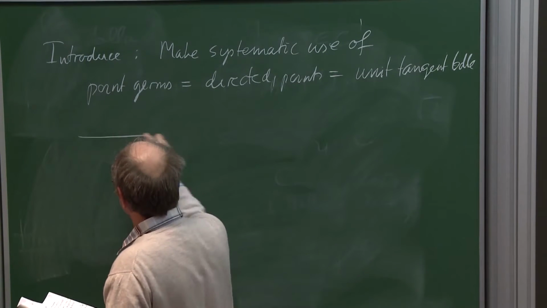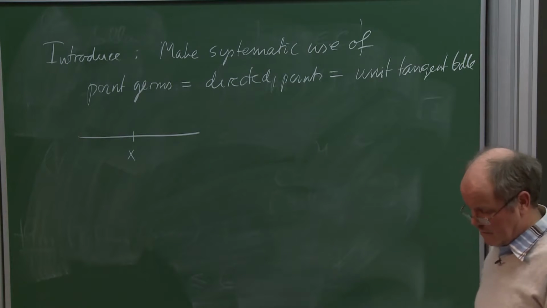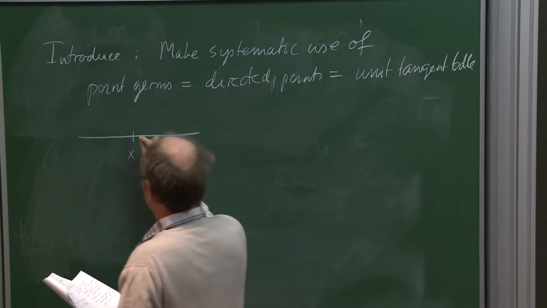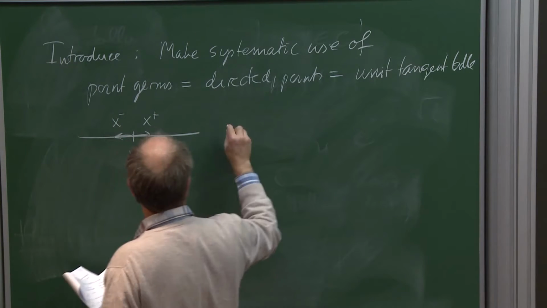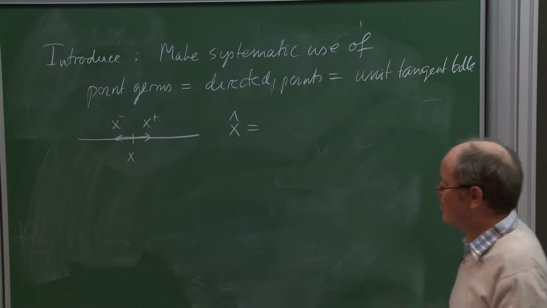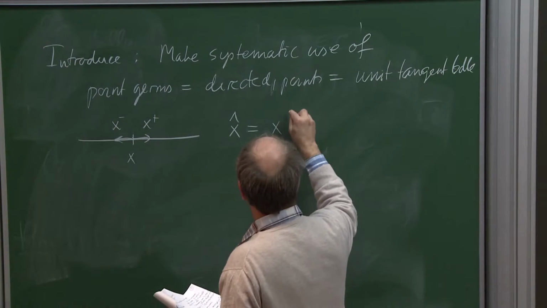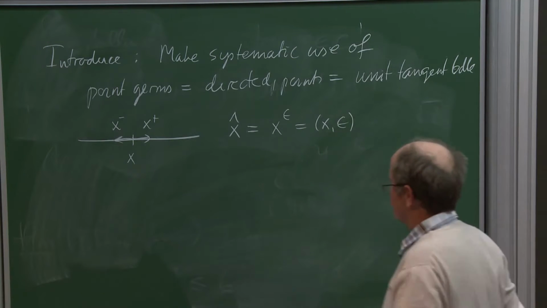So the idea is that if you have a point on the real line, then you would like to associate to this two directions, x plus, x minus. So x hat, sort of a directed point, would be something with an x and then epsilon, or you might put them together like this.